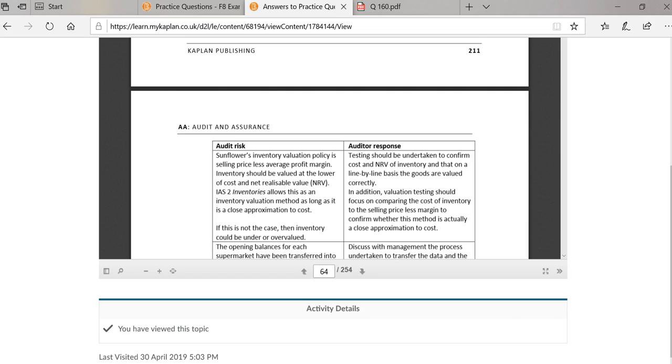That's what we're trying to highlight: it says as long as it's a close approximation to cost. So we're going to have to do some recalculation anyway. Some after-date testing, where you look to see what it sold for, will tell you whether or not, but that's not really our issue. Our issue is whether this selling price minus average profit margin is actually close enough to cost.